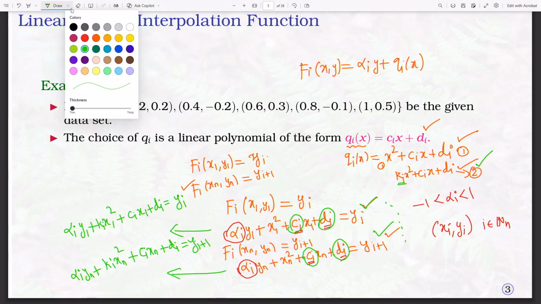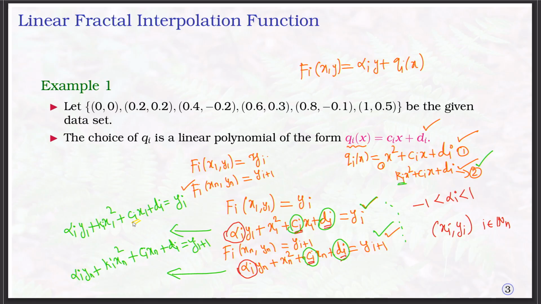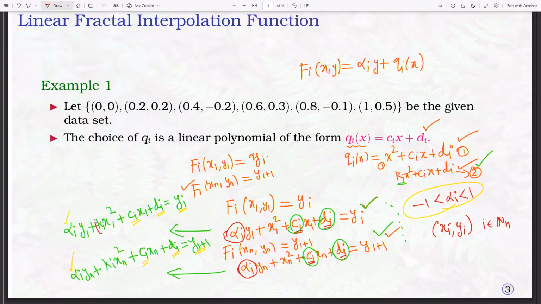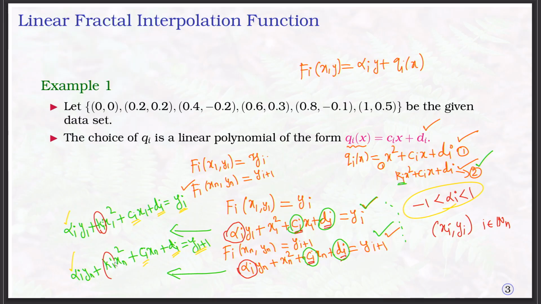How many unknowns are here? ci and di are unknown, alpha i is the predefined parameter that we can choose from this range, and yi and yi+1 are taken from the data points, whereas we have one more unknown, ki.